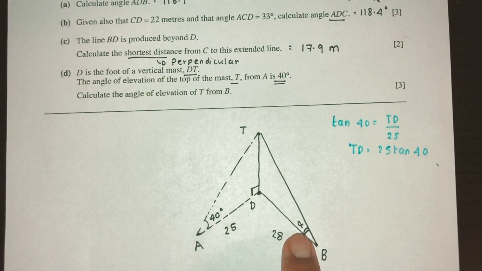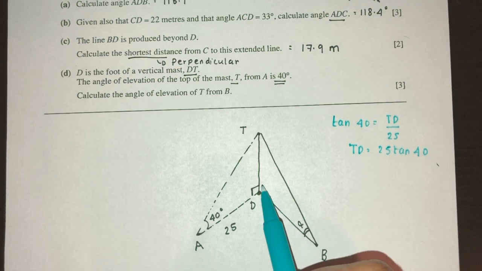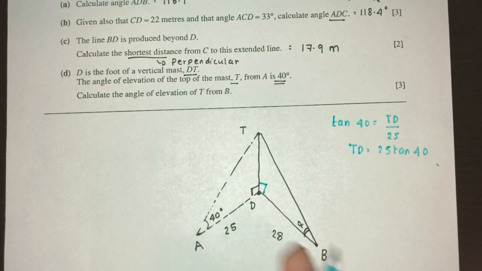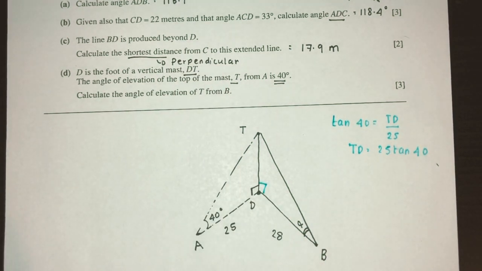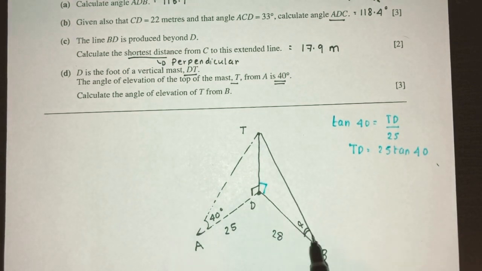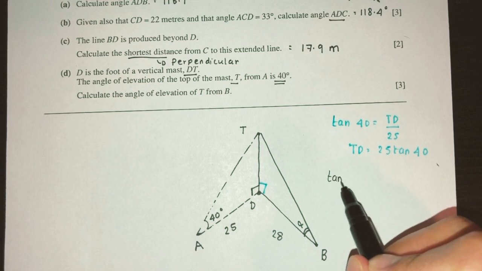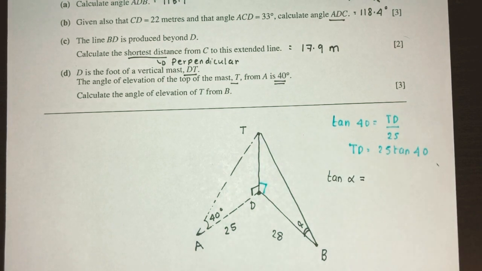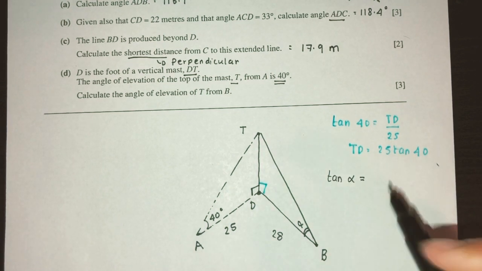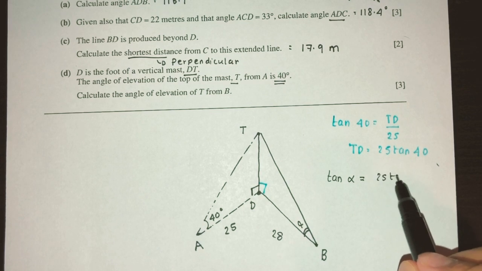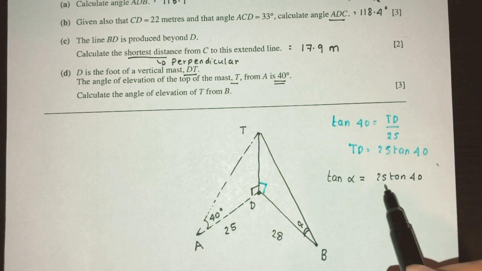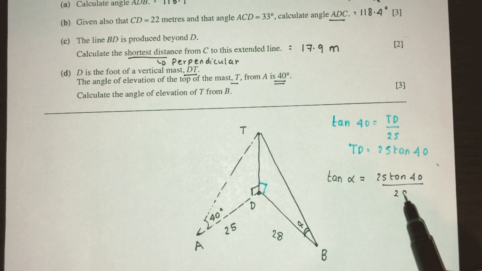Now to find this angle, we know this is 90 again because it is on the ground. This is vertical. So to find the angle here, we have this side and this side. We have to use SOHCAHTOA again, so we have to use tan. Tan of theta is equal to TD over this. TD is 25 tan of 40 over 28.